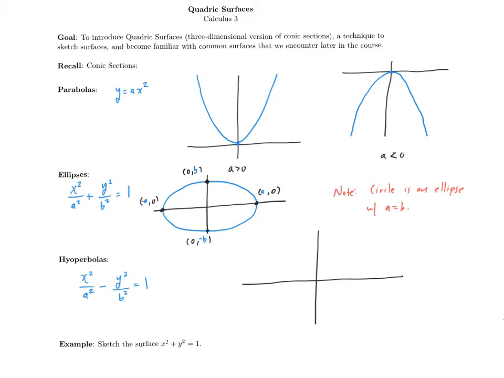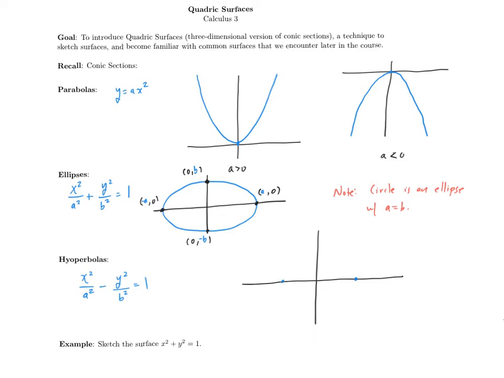Then you would have a negative quantity on the left equals a positive quantity on the right. So there are no y-intercepts. But if you were to set this y term equal to 0, you could solve for x. x would be plus or minus a. So there are x-intercepts, just no y-intercepts.